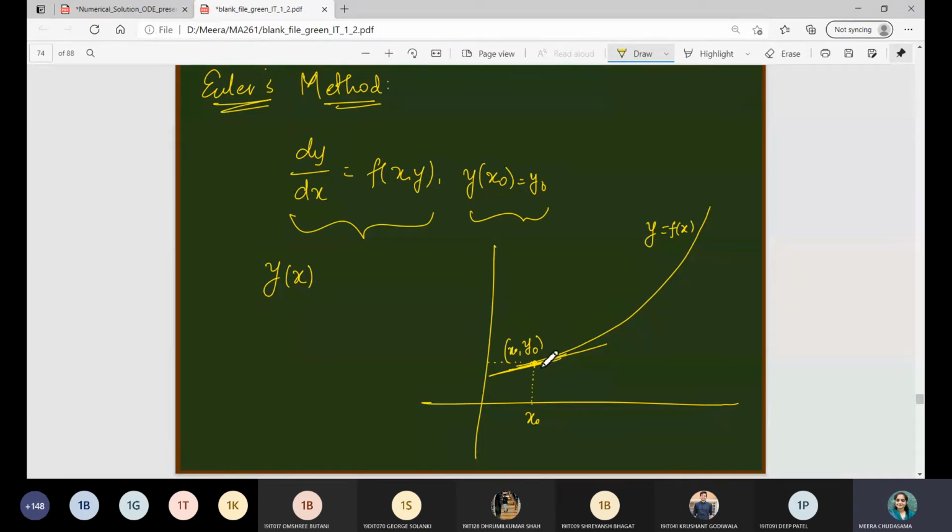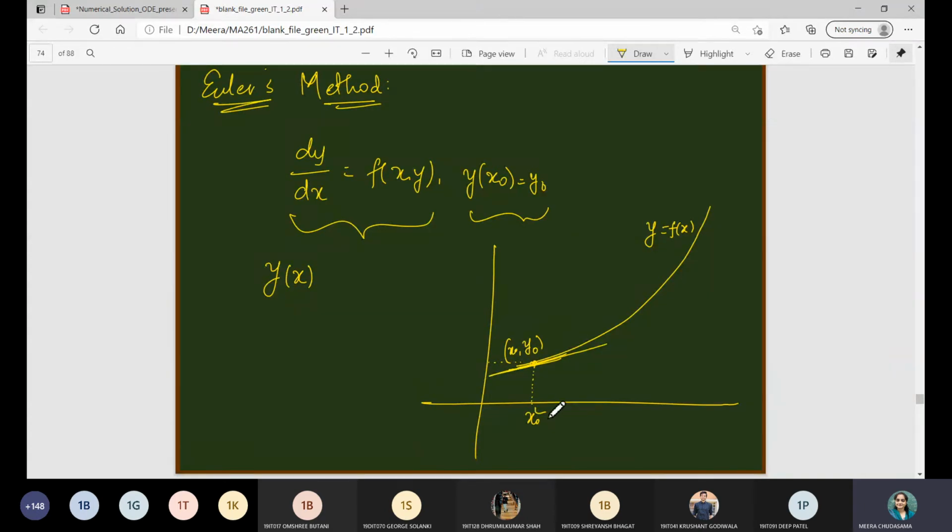After that, you can easily find the tangent line equation, because dy by dx, which you already know, will act as the slope. The solution y to the given problem we have assumed, and dy by dx represents nothing but the slope. So you can easily find the equation of this tangent line.